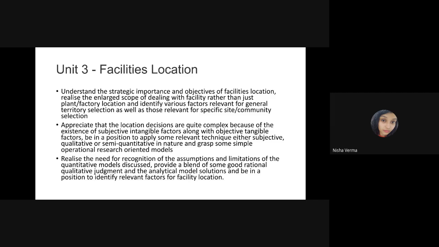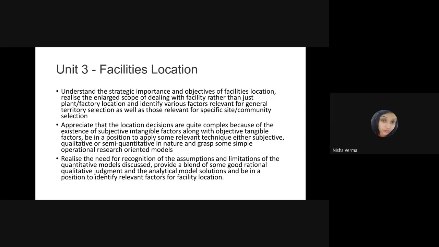Most of the fixed and some of the variable costs are determined by the location decision, and the efficiency and effectiveness, productivity and profitability of the facility are also affected by the location decision. The facilities locating problem, you can say, is concerned primarily with the best location. I will say optimal location, in other words, depending on the appropriate criteria of effectiveness.